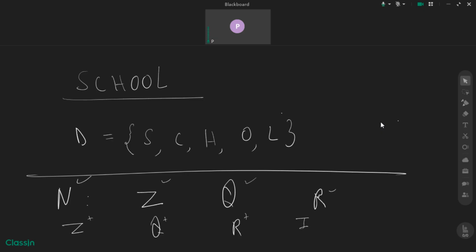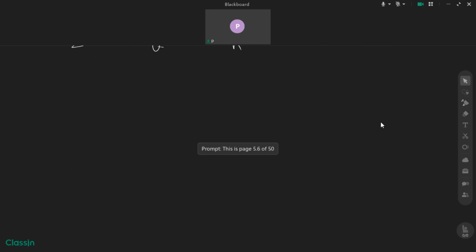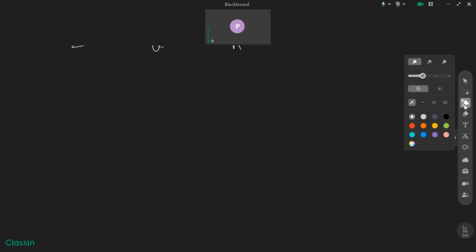Now, moving on from the representation of sets, let's see the types of sets.